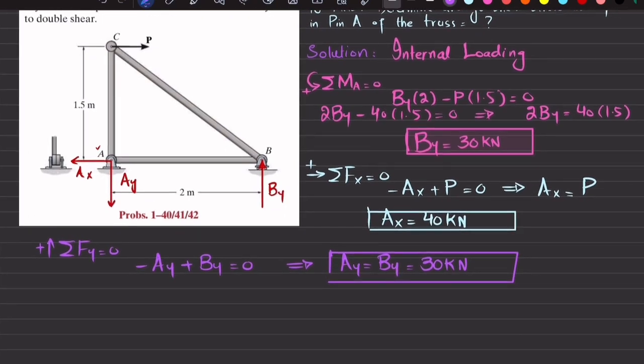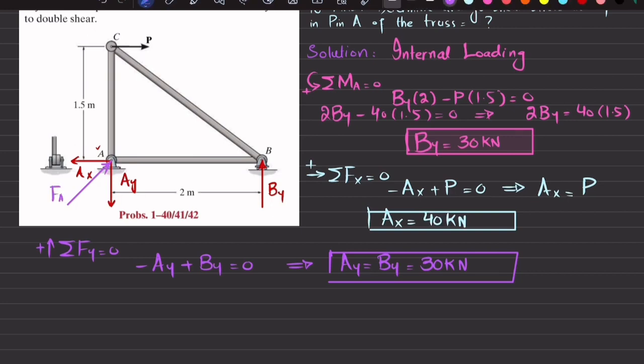So at point A, if we find the resultant of these two reaction forces, this will be equal to the A force, or we can also write FA.